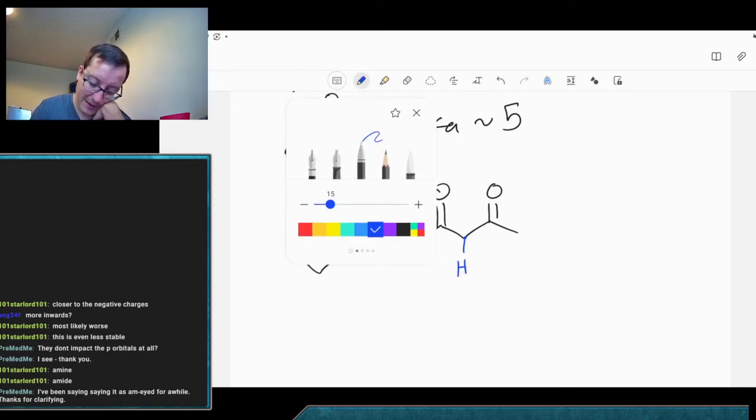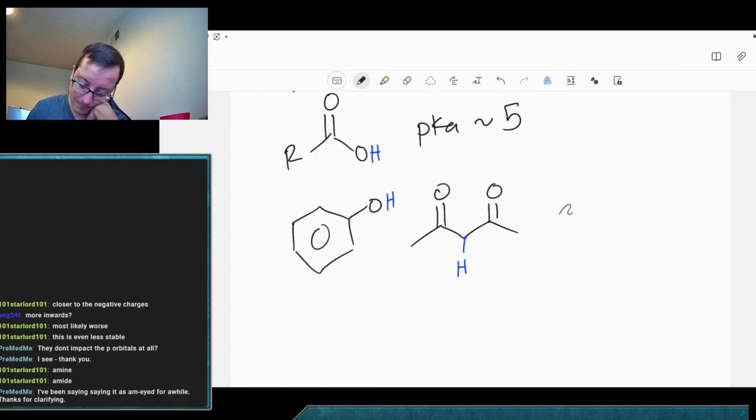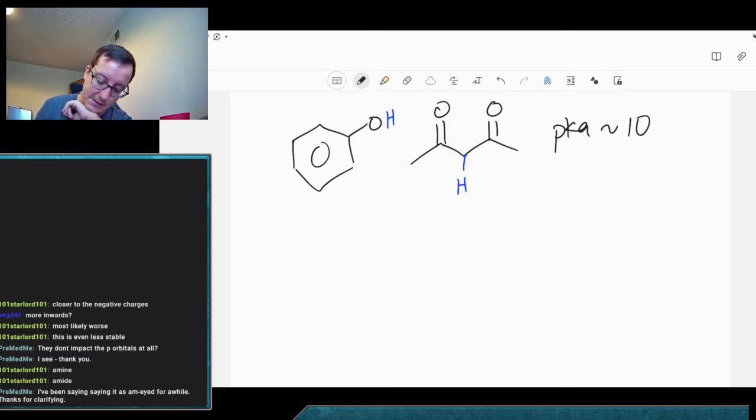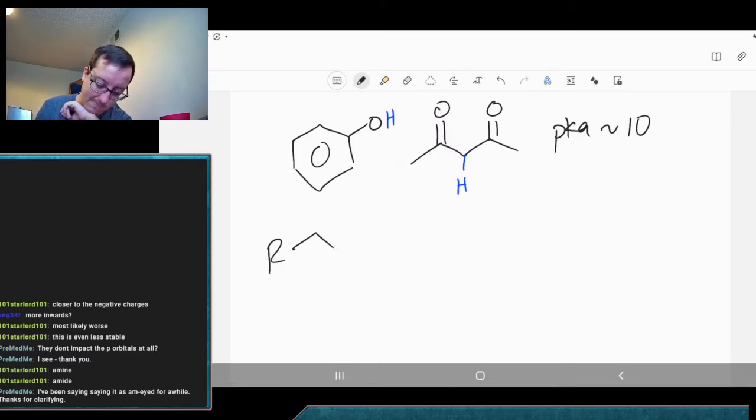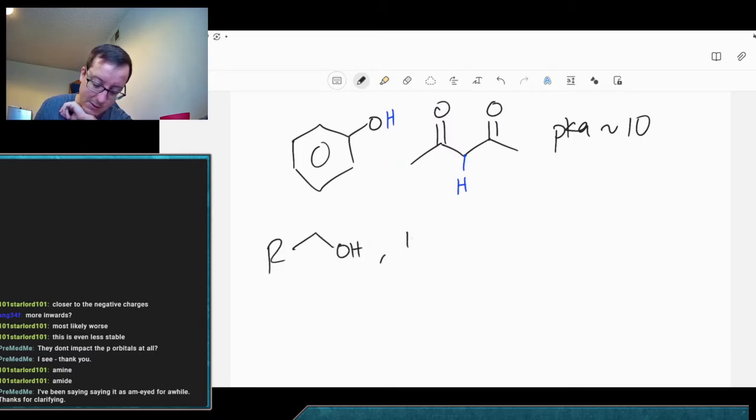These both have pKa's of roughly 10 or so, so another 100,000 times less acidic than the previous one. We're going to see that alcohols and water have pKa's around 15 or so.